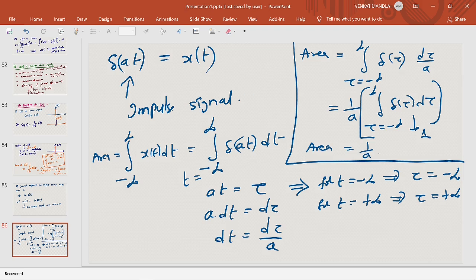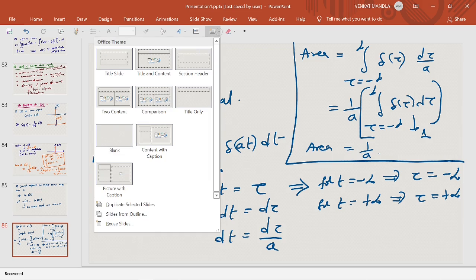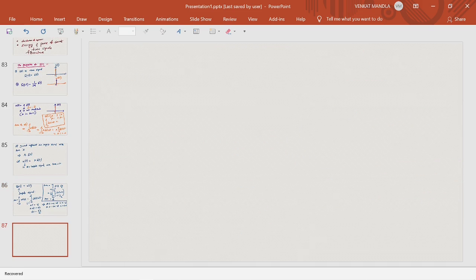The area of x of t is 1 by a, but x of t is an impulse signal because we represented it with del. So how to represent this? Any signal x of t, if it is an impulse signal, we have to represent it with its area multiplied by del of t.